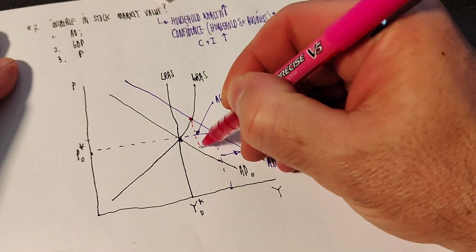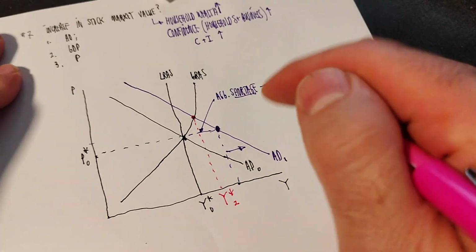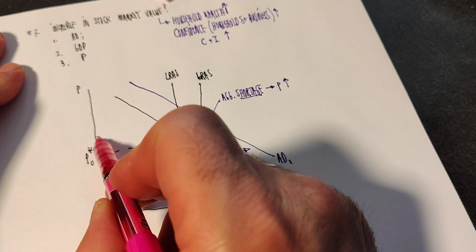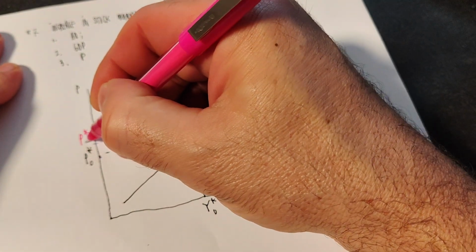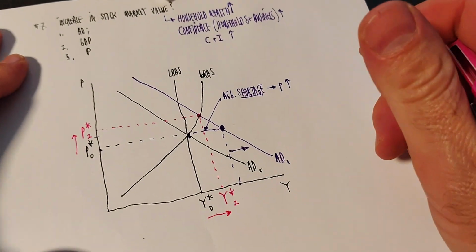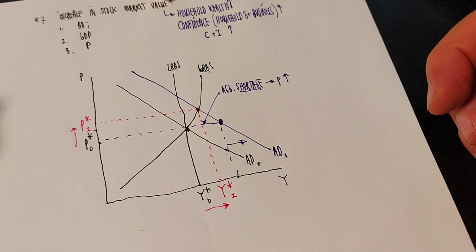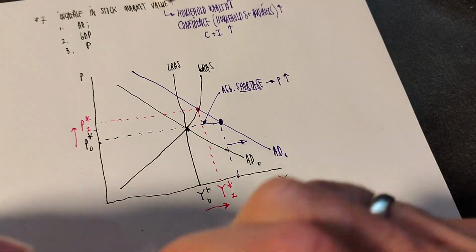So this will be Y star 2, and we're going to be producing and consuming at a higher price level. This will be P star 2. And that's what this question was essentially asking us.